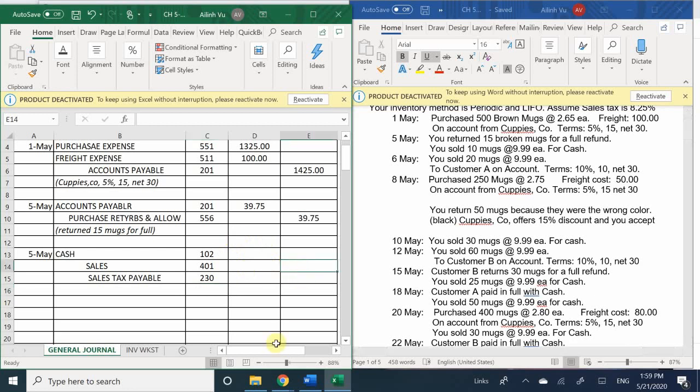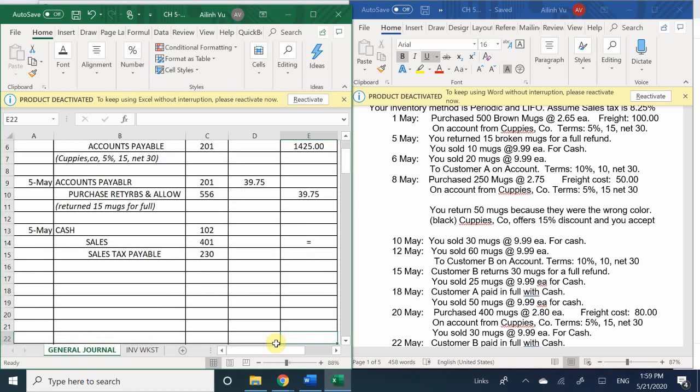Now, let's calculate how much sales is because we wouldn't know how much total cash we would have. So, what is sales? It's $99.90. It's the 10 mugs at $9.99. Yes, so 10 mugs times 9.99, you're going to get 99.90. How do we calculate sales tax?